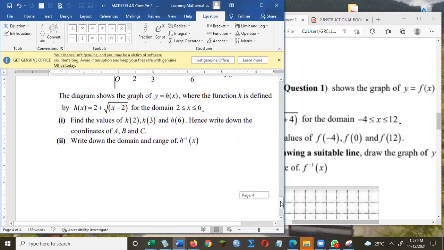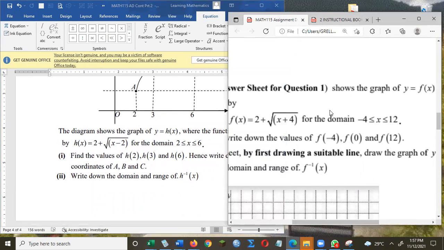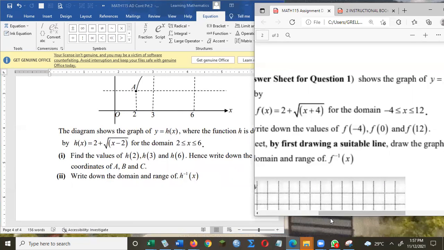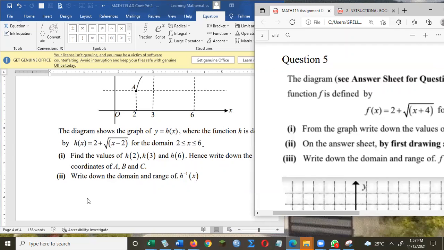So let us start. What is missing though is part of the graph. Okay. So we have to put in part 2.